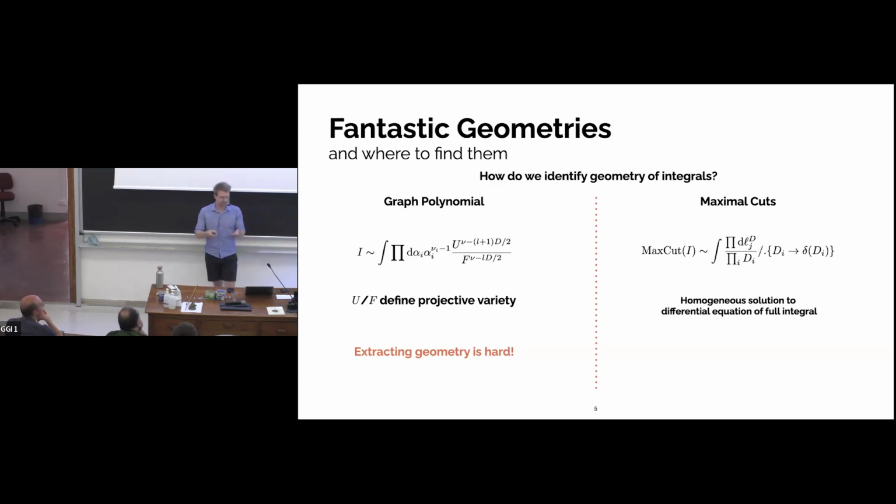And the nice thing why this is useful to look at is because this will be the homogeneous solution of your differential equation. So you throw away subsectors, for example, and you zoom into every single sector of integrals that can appear in your problem. And so this allows you to extract this geometry more easily, or in a more controlled way.